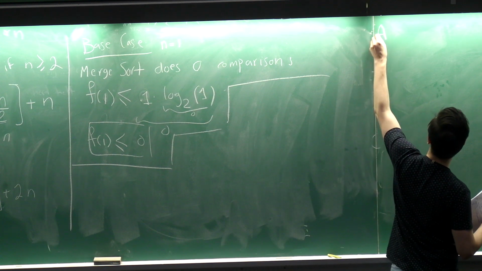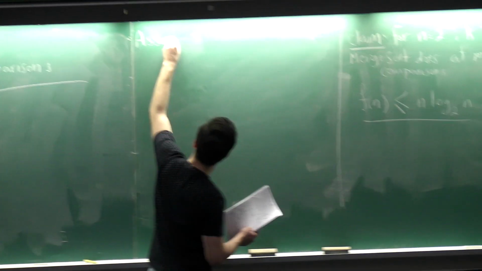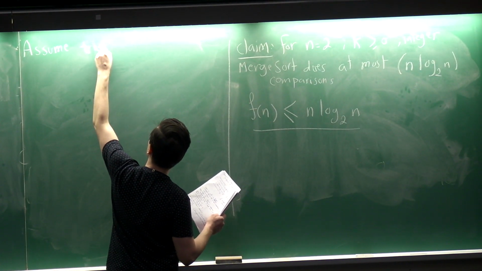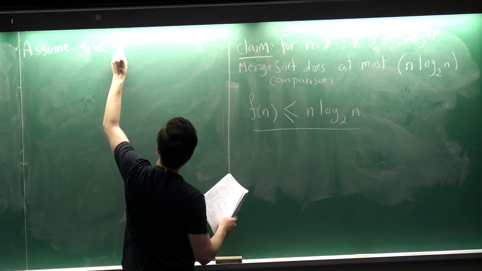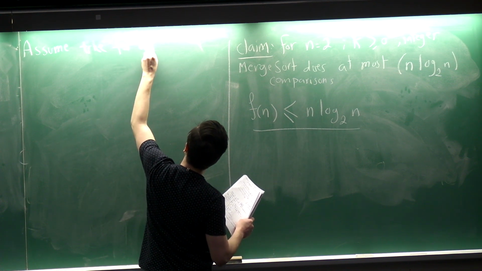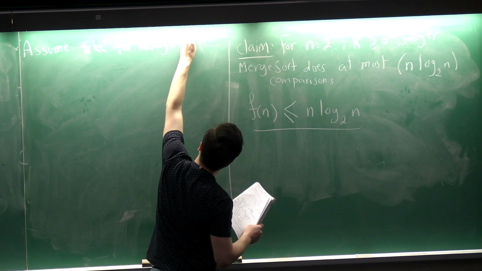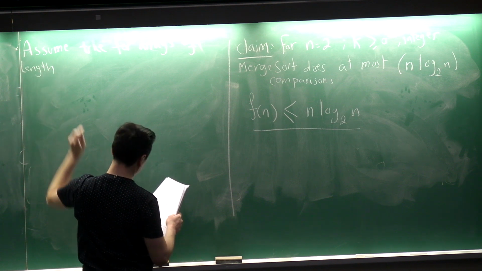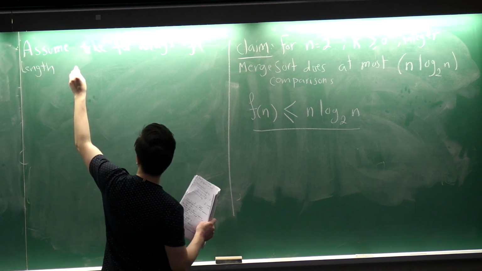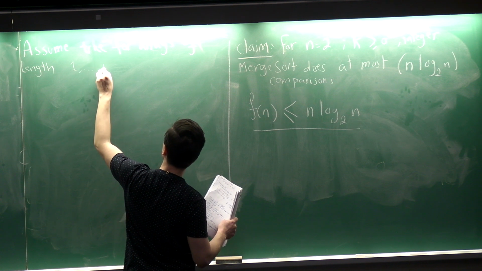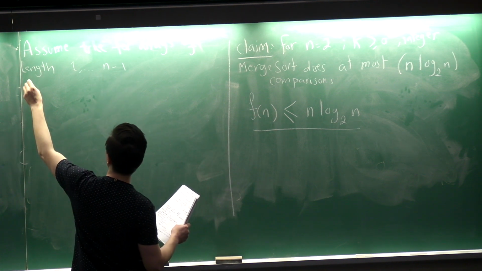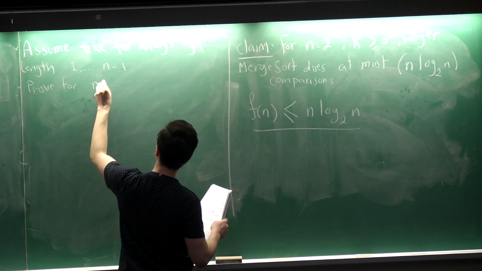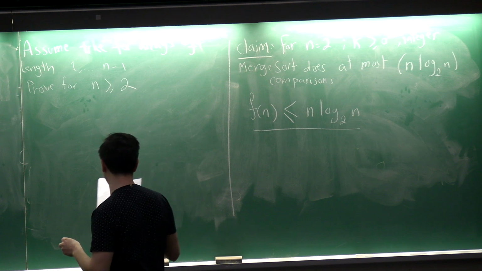So let's assume that this claim is true for arrays of length 1 all the way till n minus 1. And we want to prove it for n bigger or equal to 2, right?